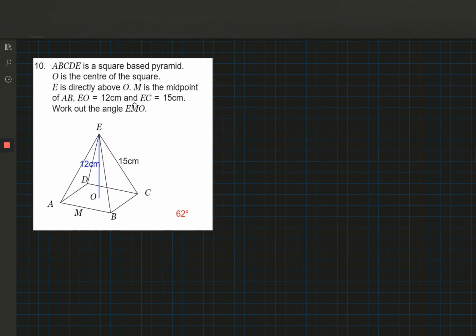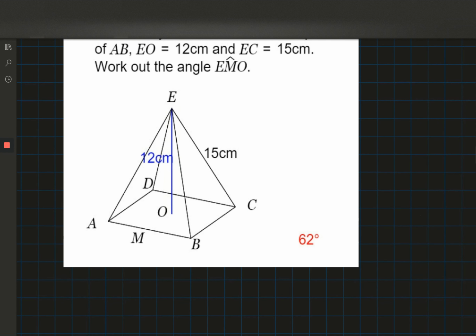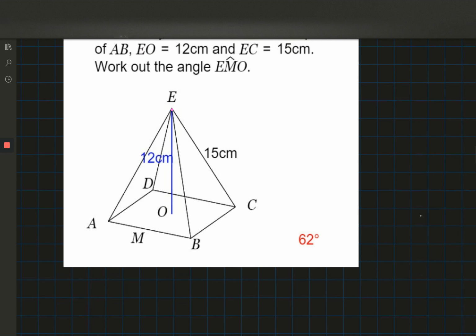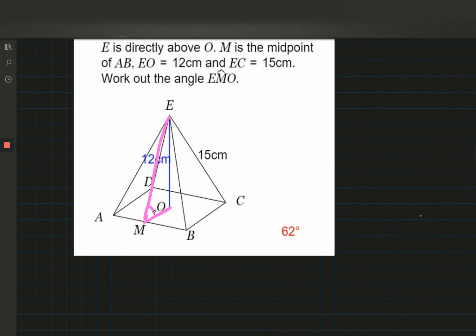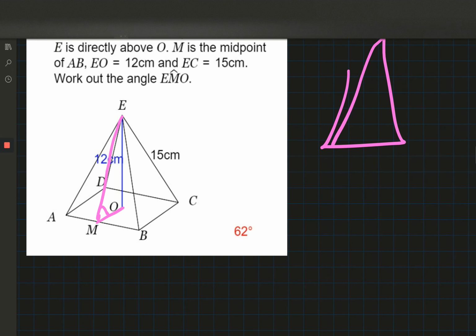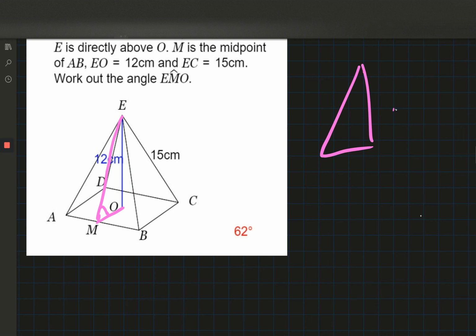Well, if you get the previous question, it's going to be practically the same thing, except for the second bit, we're using trigonometry rather than Pythagoras. So this is the triangle that we're looking at here, EMO. If we just draw this out here, we can say that this is 12.